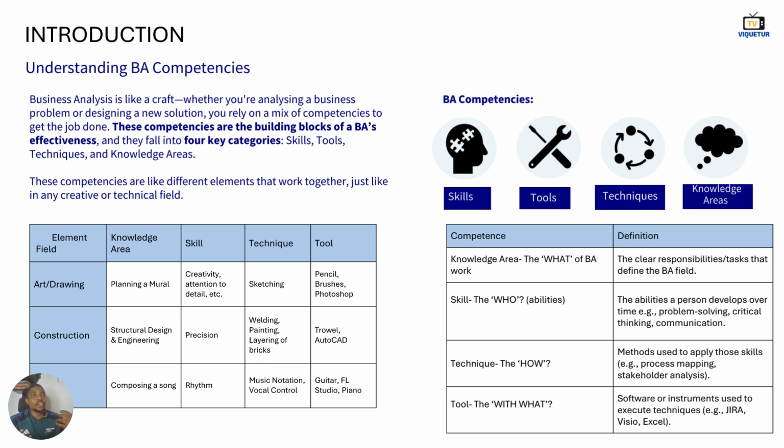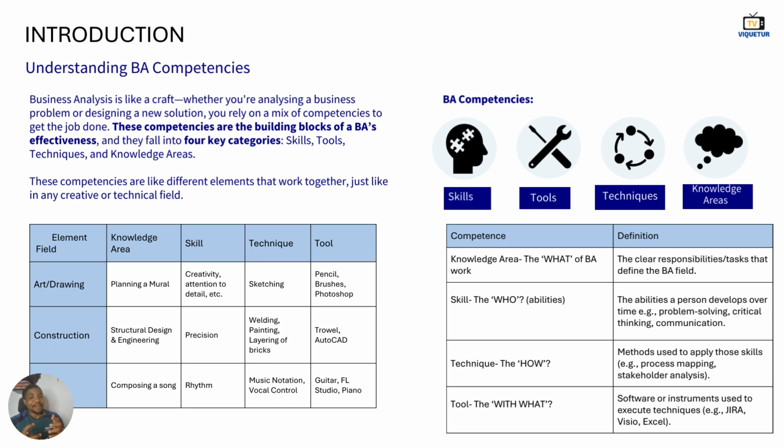So you do your elicitation by brainstorming, by document analysis, by interviews, focus groups, and workshops. Then the tools that you use to do this would be your Microsoft Docs for documentation or your Google Docs. Another tool for elicitation could be your Google Meet, your Teams, or your Zoom. So you see how all of them come into play.